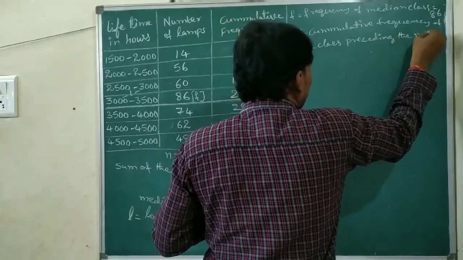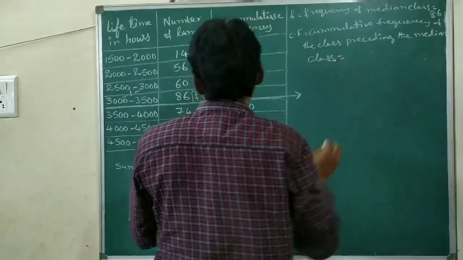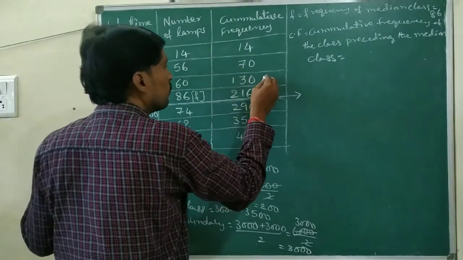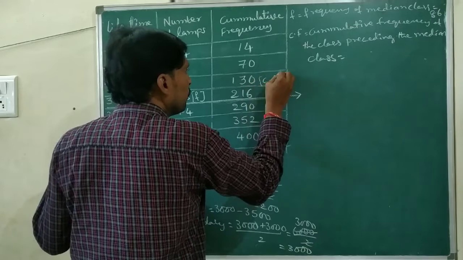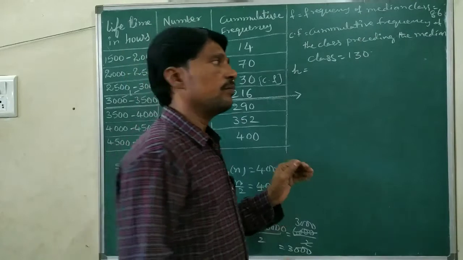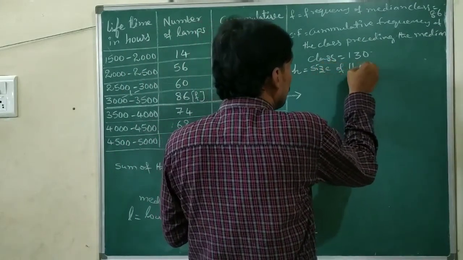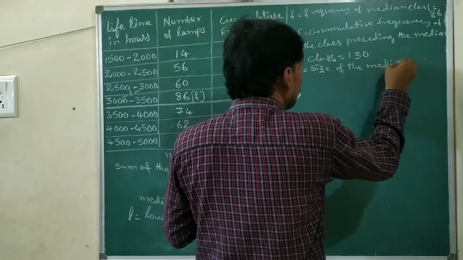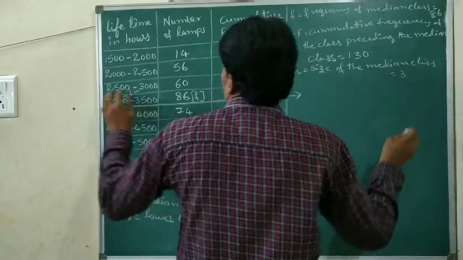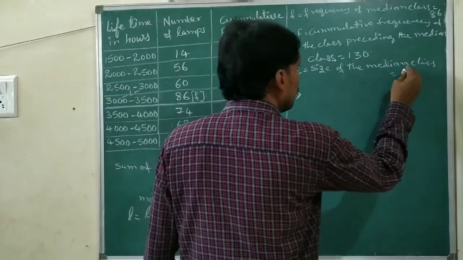So what is the preceding one here? The cumulative frequency of the class before that one, that is CF is 130. Next H, size of the median class. So size of the median class equals 2000 minus 1500. 2000 minus 1500 is 500.